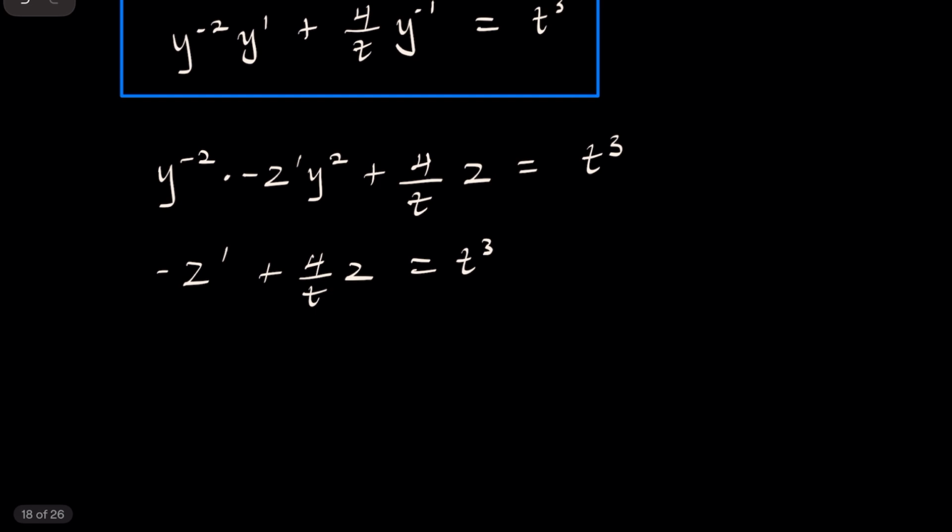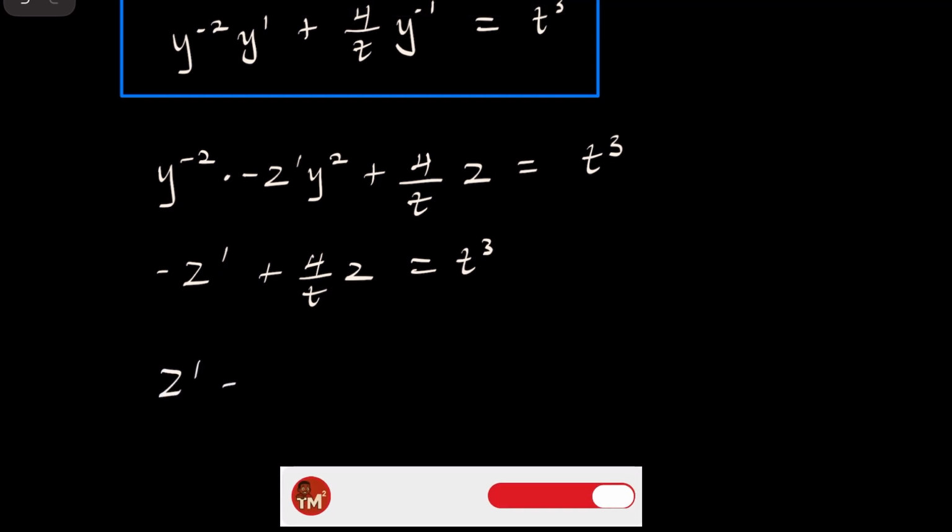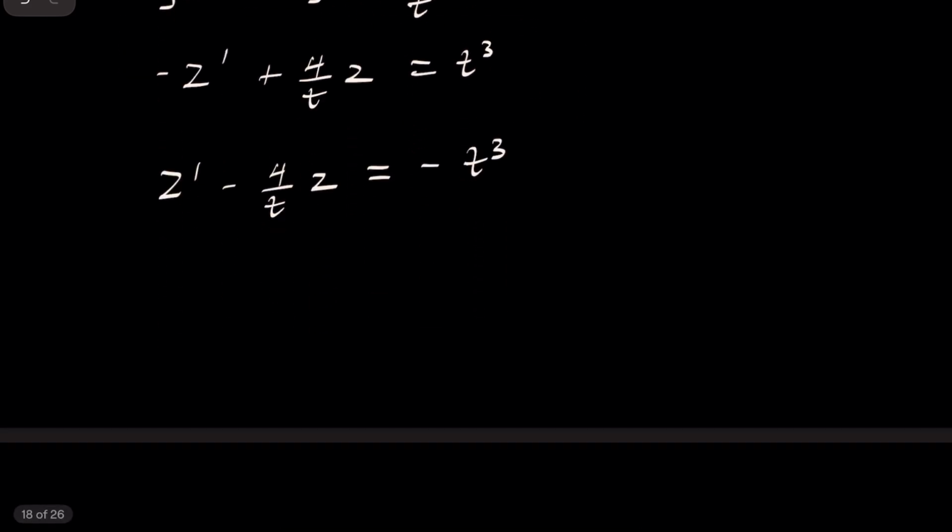So since we want this to be a first order linear differential equation, we need this coefficient to be 1, so we multiply through by minus 1. So that's going to give us z prime minus 4 on t z is equal to minus t cubed. So we find our integrating factor mu of t, which is the integral of the coefficient of z, which is minus 4 on t in this case.